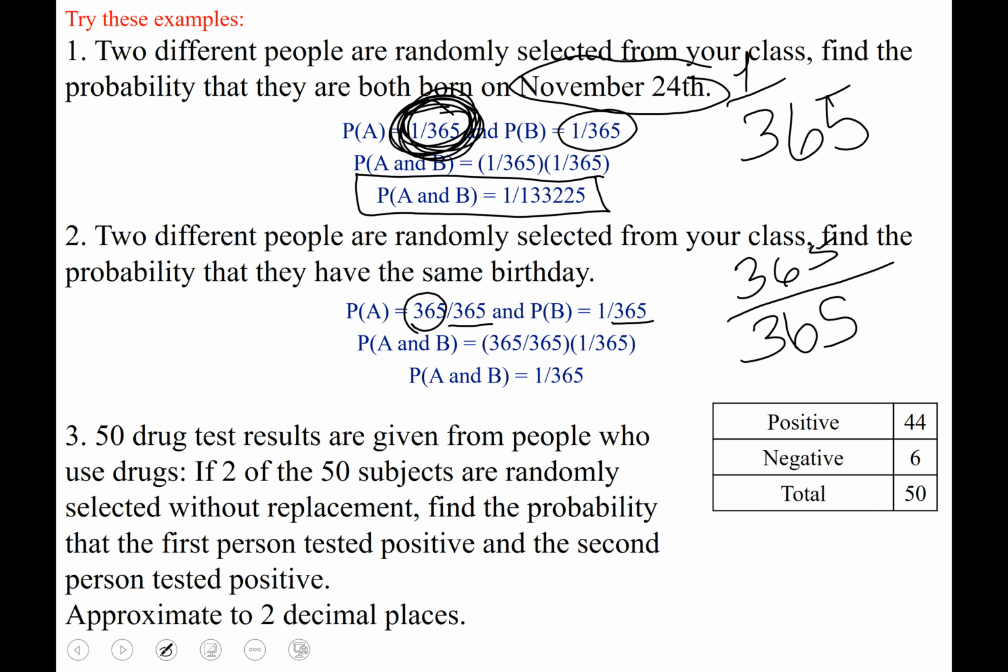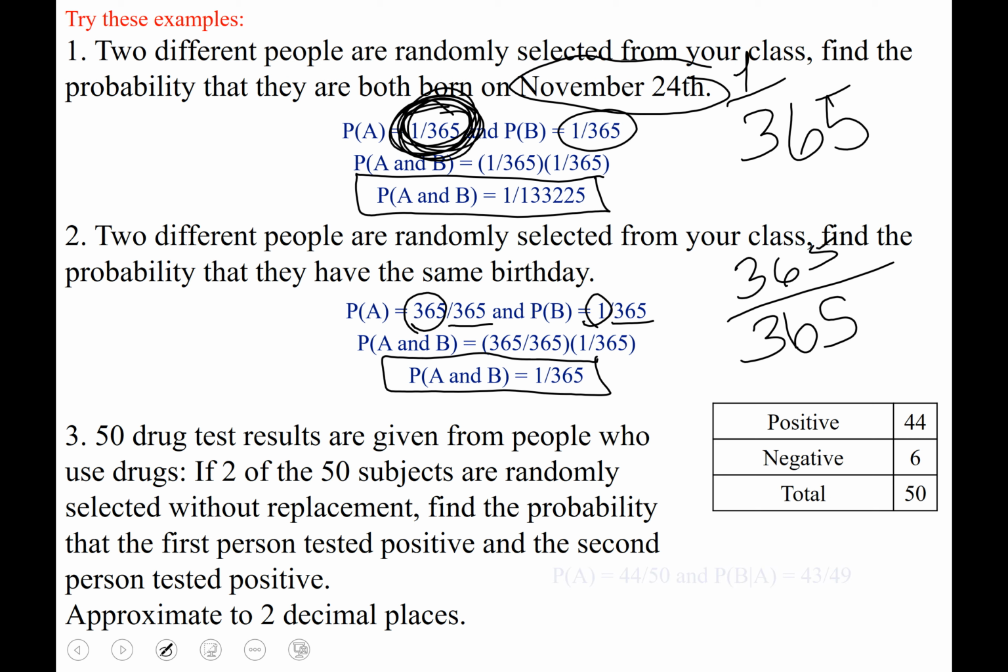So when you walk up to the second person, they have a 1 out of 365 chance of saying October 1st. So similar problems, but quite different answers. Focus on those 2 questions, rewind and go through those a couple times if you need to.